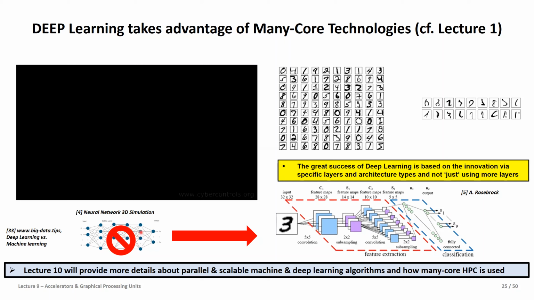So deep learning is not just putting more and more hidden layers. That's not the idea. The idea of deep learning is quite different. You would have very specialized deep learning architectures for very special problems. One example is image recognition. There we have convolutional neural networks, as they're called, and you will learn about them in lecture 10 and the practical lectures.